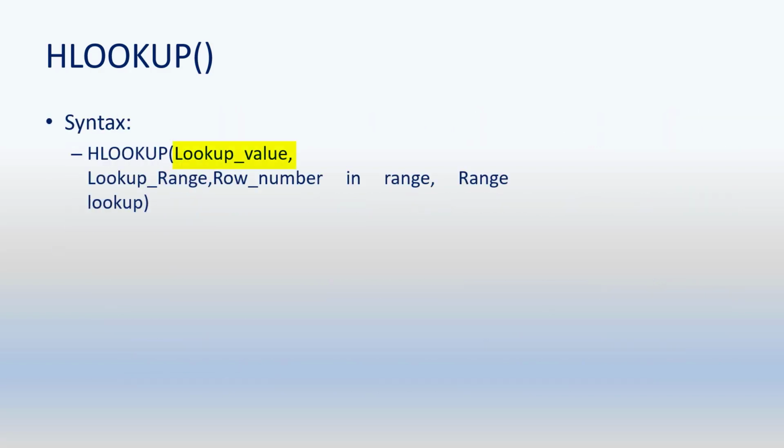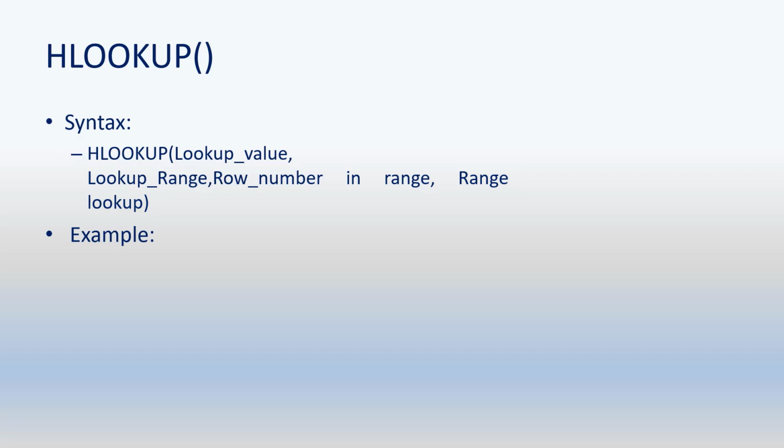The syntax for HLOOKUP. The first argument is the lookup value based on which the search happens. Then you provide the lookup range in which you have to find the lookup value. Then the row number in the range where you want to look for the result. The fourth argument will tell you whether you want approximate match or exact match.